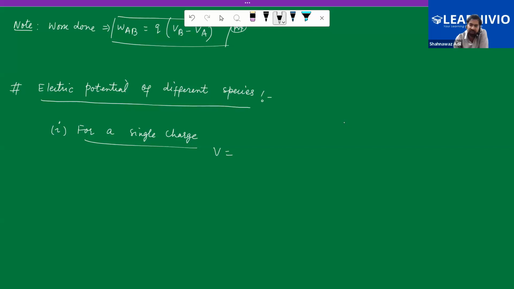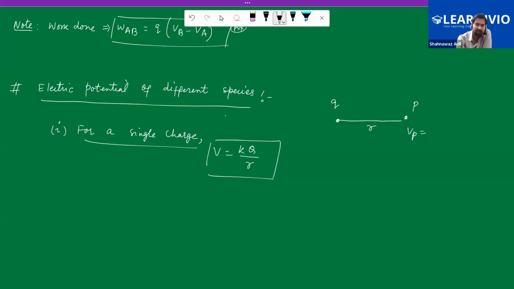So you have a charge Q and you are trying to find out the electric potential at this point P at some distance R. So what is Vp? Do you guys remember? Okay, so this is simply KQ by R. So this is for a single charge.